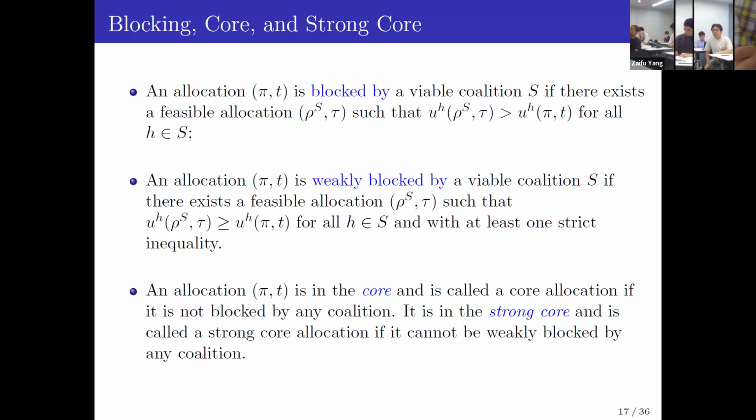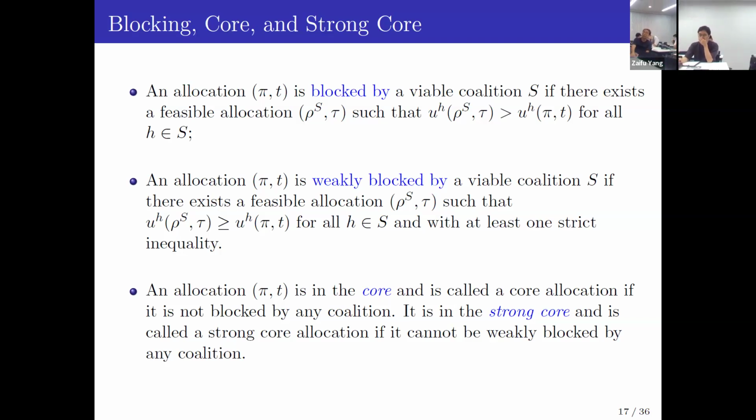So are you going to show that a strong core always exists even under budget constraints? Strong core, no. So what happens to your auction if there is no strong core? But the core exists. So the statement is that the core always exists. Yes.